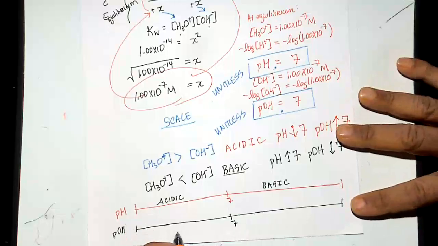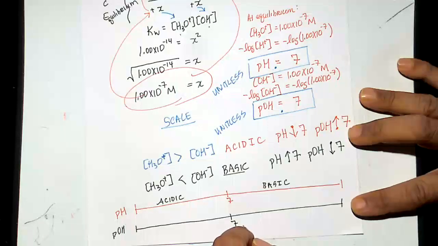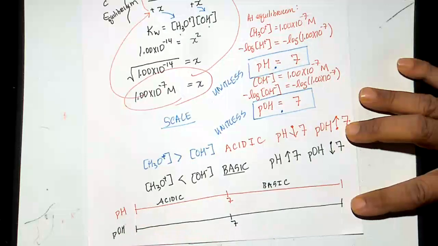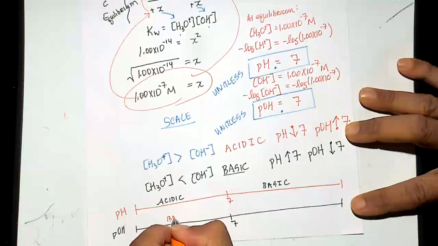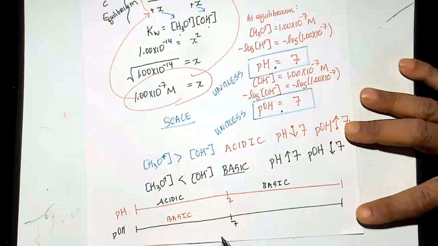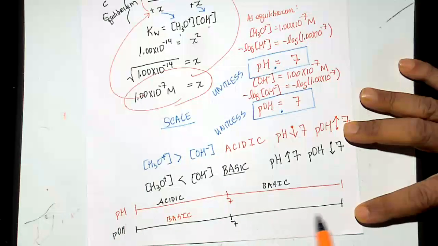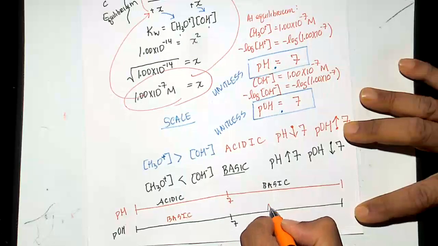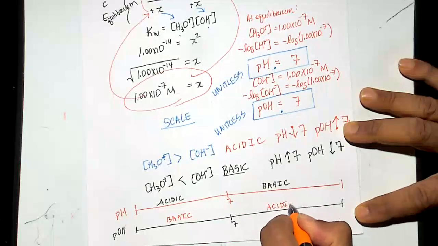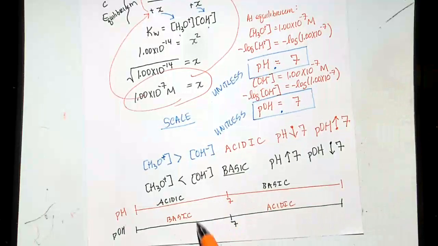If your pH is below 7, you're acidic. If your pOH is below 7, you are basic. Don't get confused here. If your pOH is above 7, then you are acidic, while your pH is basic. These are opposites.